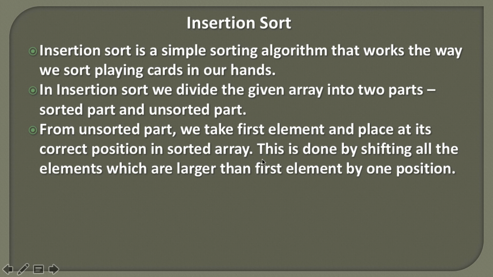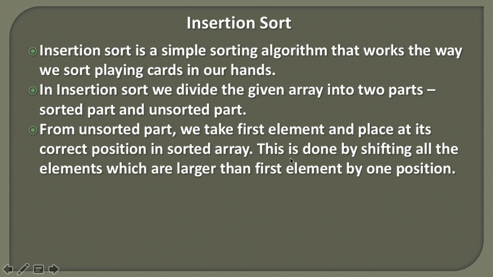So here we are simply picking one element from the unsorted array, and based on some logic we put that element into the sorted array at its correct position. This is done by shifting all the elements which are larger than that element by one position.